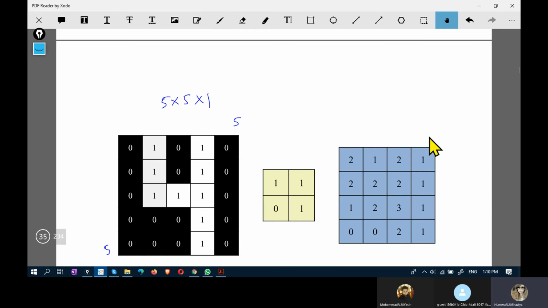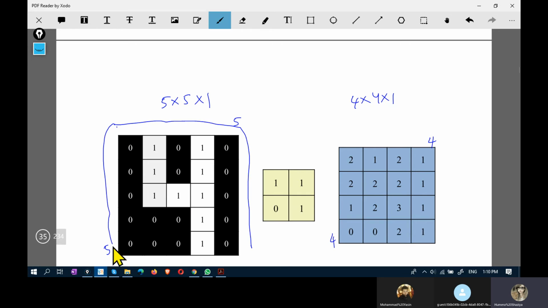If you count here, you find this 4 and 4, so you will get 4 by 4 by 1, because there was no padding. If you use padding, here you add one more row and column. Not one more row and column, it is like, one row you added for all the columns.